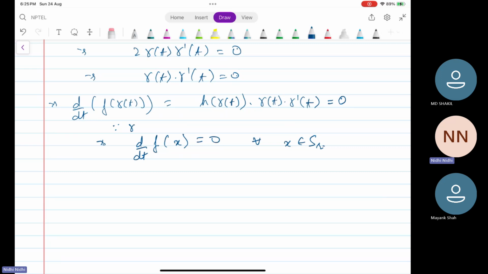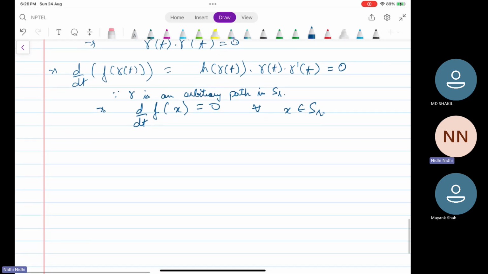Now, since gamma is an arbitrary path in S_R, and S_R is a connected set and the derivative is coming out to be 0 on a connected set, that means the function is constant on that domain.